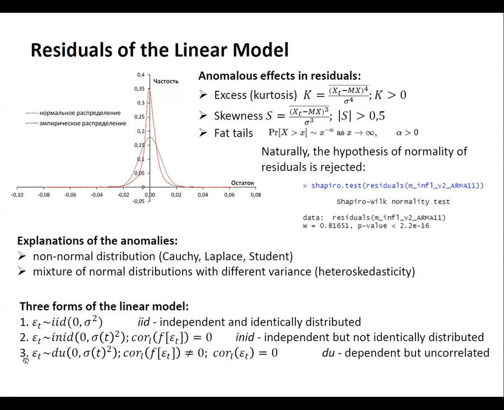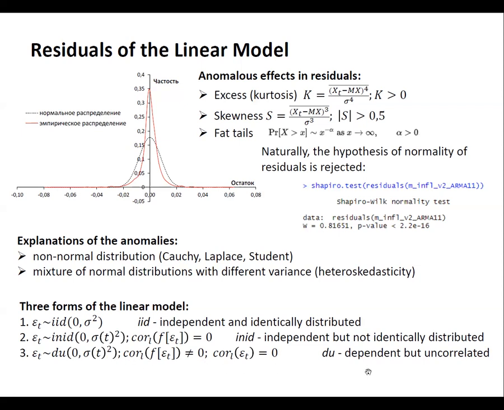The third possible form of the model is when the residuals of the ARMA model are dependent but not correlated, the DU. That is, these residuals have a distribution with mean 0 and time-dependent sigma squared.